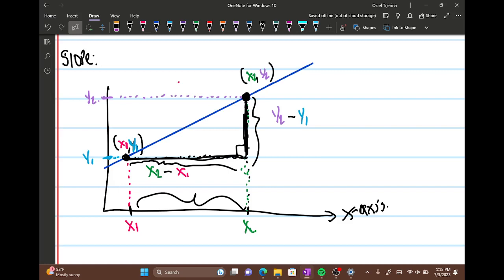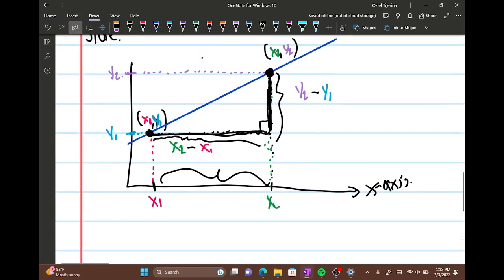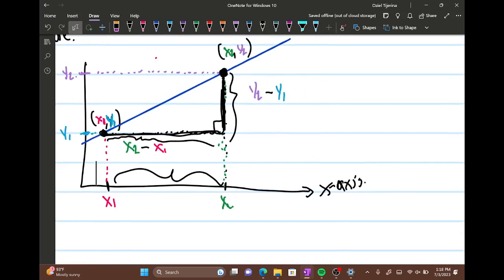And the way that we would denote that algebraically, we also call this rise over run. So when I'm looking at a point here, I'm going to go rise 1, 2, and then however much I'm running. That is my change in y over change in x. That is how we would say it.